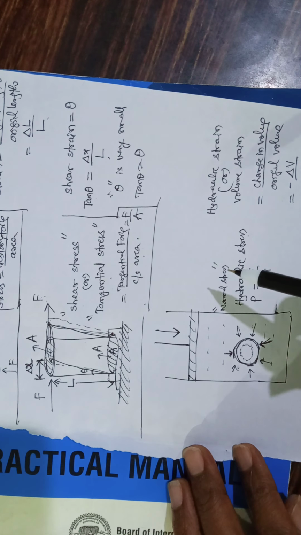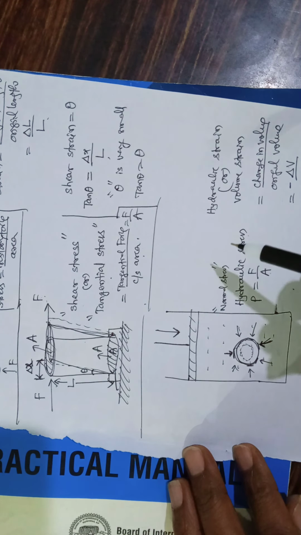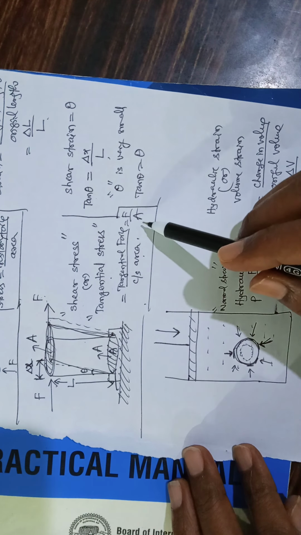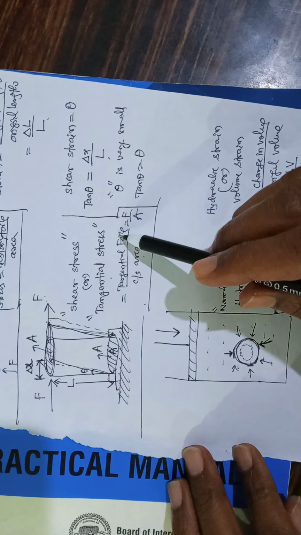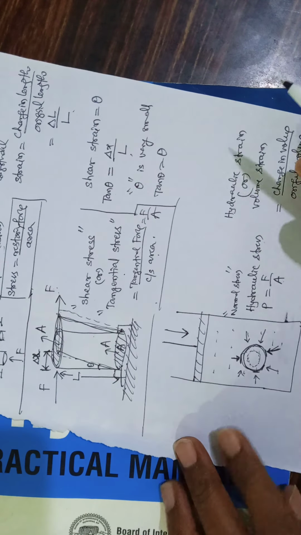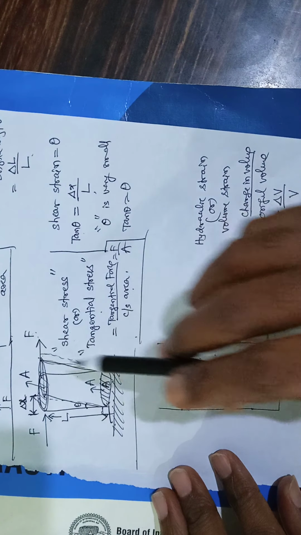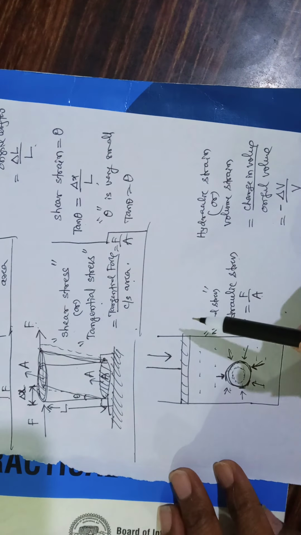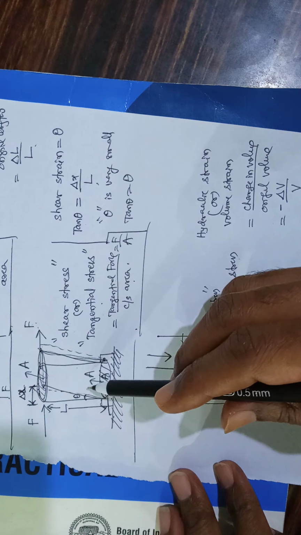Tangential force by cross-sectional area gives you the shear stress. Okay. Now such a type of force is causing a change in its shape, and that is also measured.